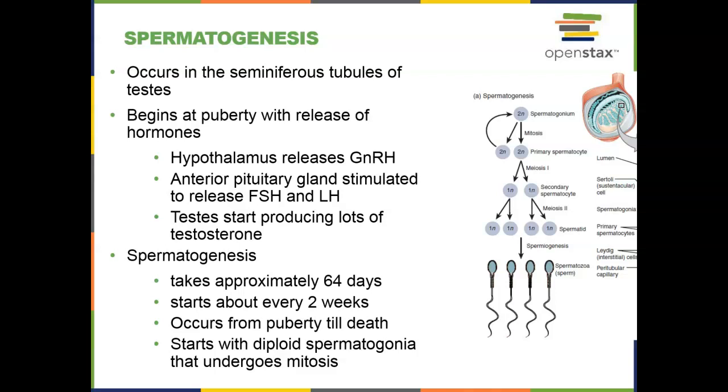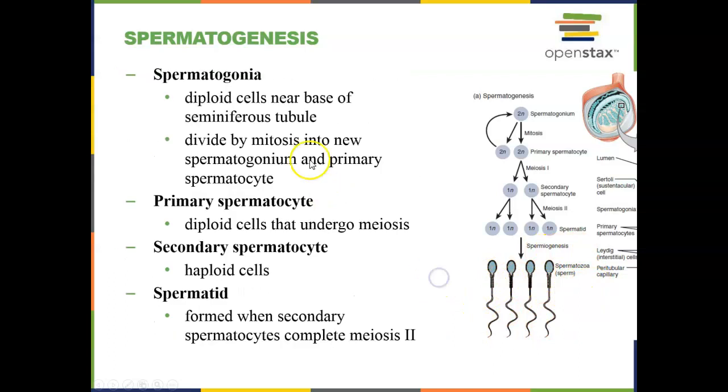But these sperm are actually immature. They're known as spermatids. So spermatids are going to have to go through a process known as spermiogenesis to produce the actual sperm.